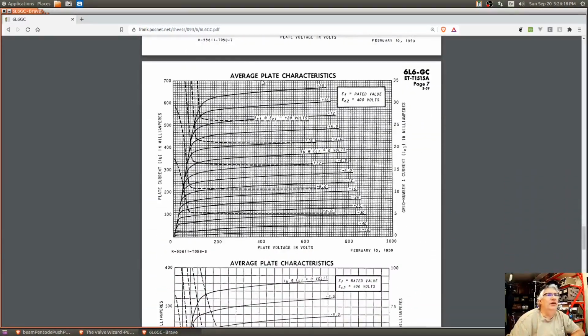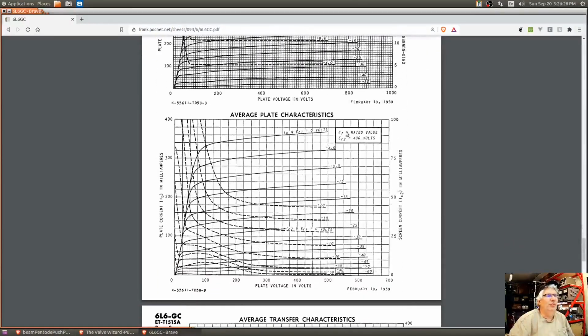All right, here's the plate characteristics when EC2 is 400 volts, but this one goes up to 20, so we don't want that one. This is for A2 or AB2 operation. Here's our data right here. We're going to look at this column right here where EC2 is 400. The screen voltage is 400.